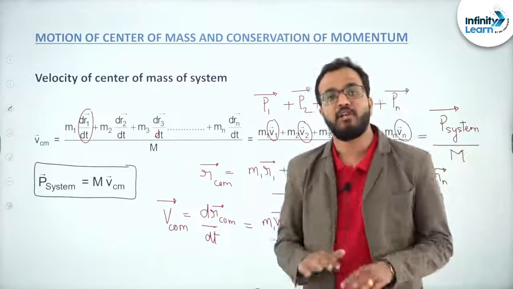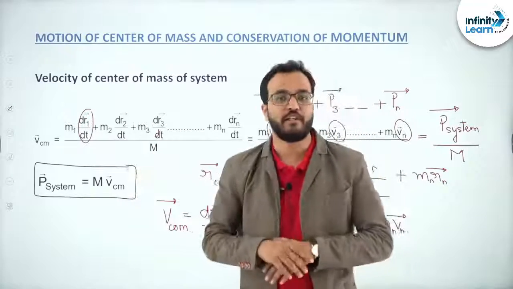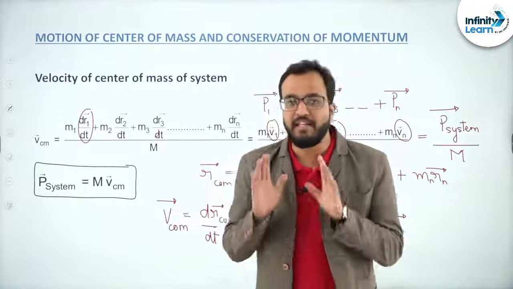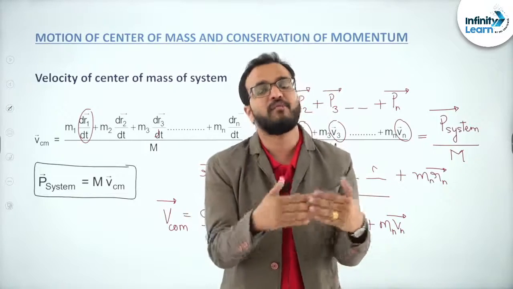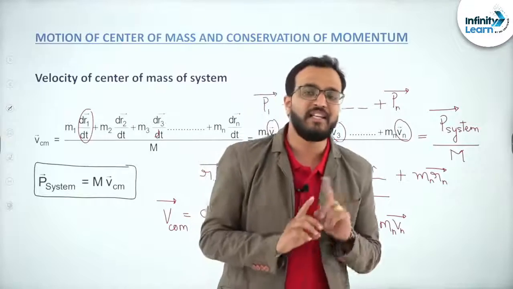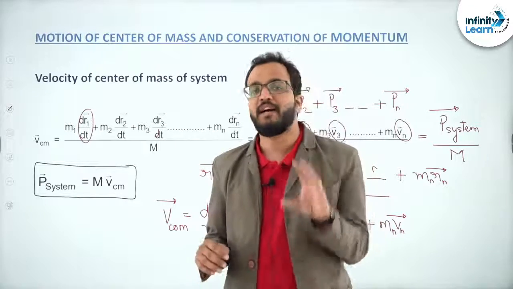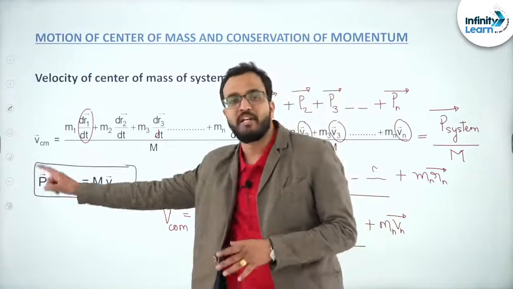Second thing, how the momentum of the total system is associated with the velocity of center of mass. That means either you can add the individual momentums of all the particles to find out the total momentum of the system, or you can simply find out the velocity of center of mass and just multiply it with mass to get the momentum of the system.